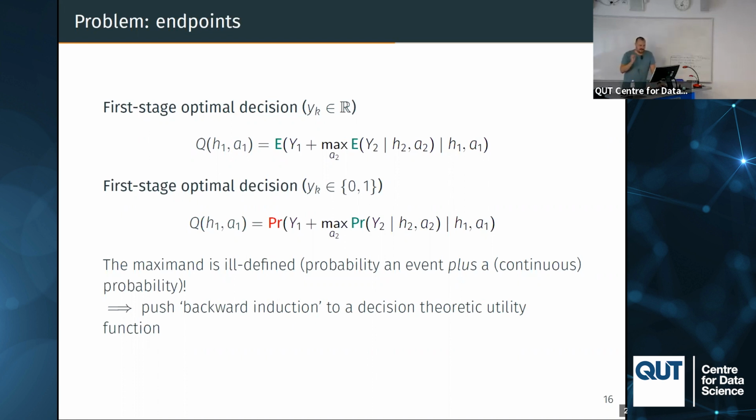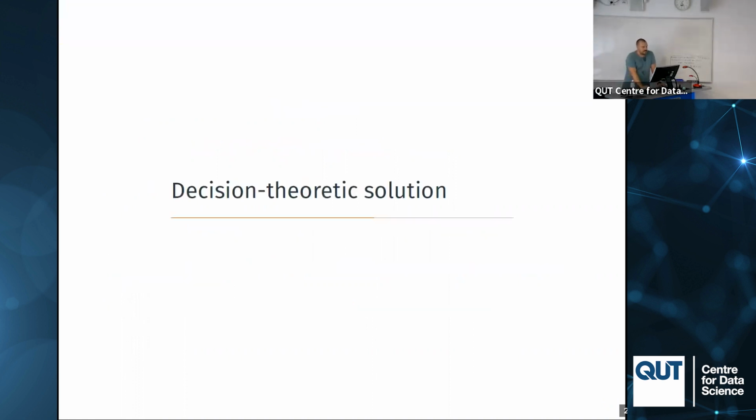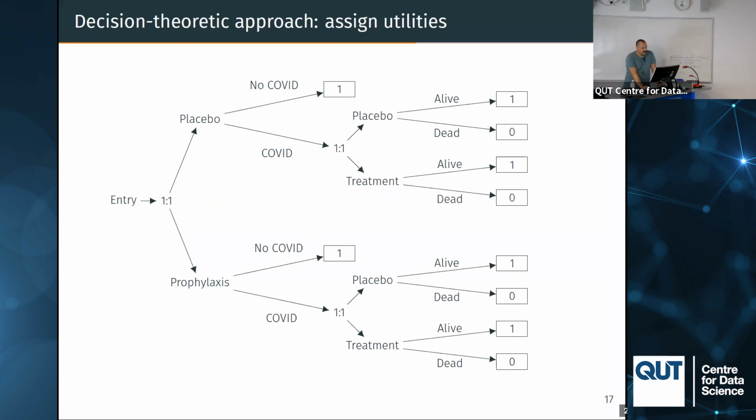So my approach is to push this backward induction step out of the modeling step to a utility function. This is how I do it. The first step is to assign utilities to each of the outcomes. In this case, I've used a fairly trivial preference set.